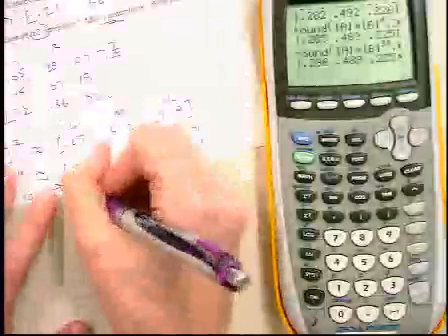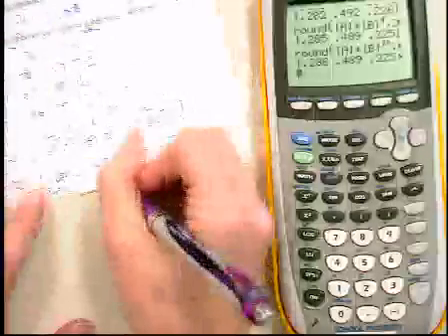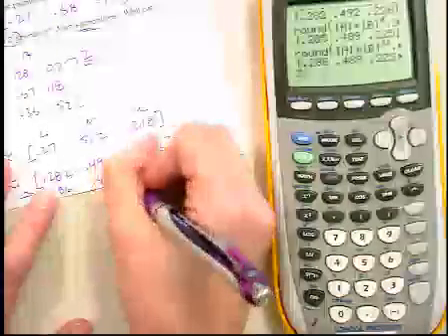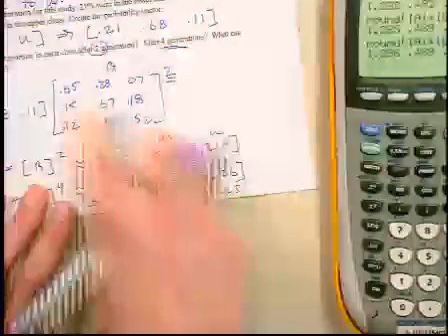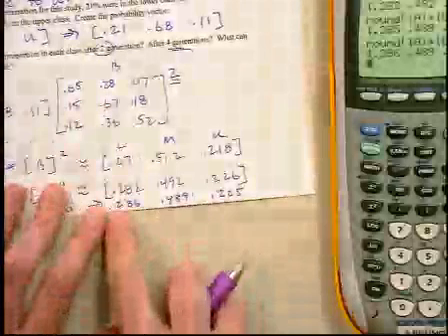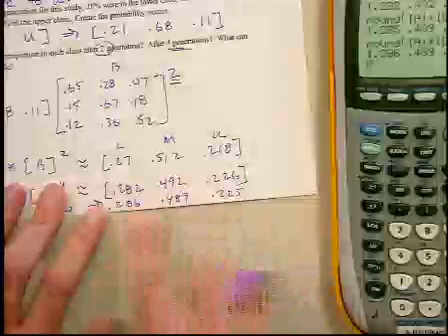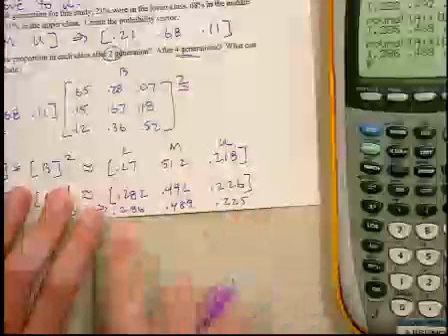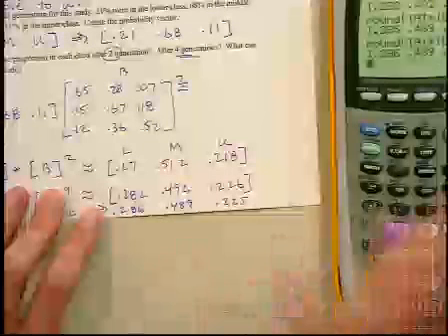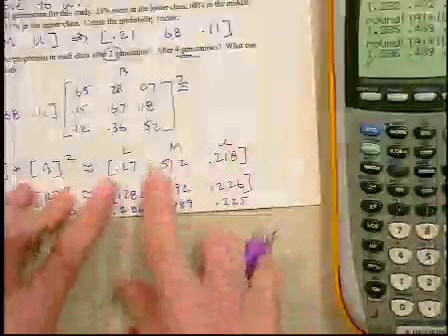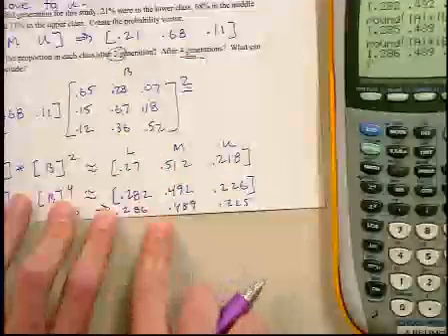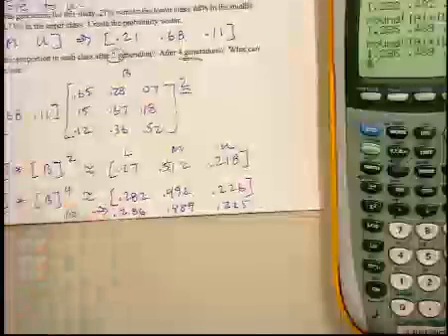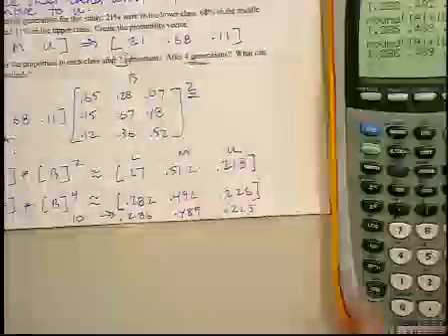So after 10 generations, we get 0.286, 0.489, and 0.225. So if our trend continues, that means that the proportion of classes starts to stabilize. And the trend doesn't necessarily continue, but in this case, if it does, we start to stabilize the proportion in each class. It's really interesting to see how those trends can start to lead to more of a fixed proportion.